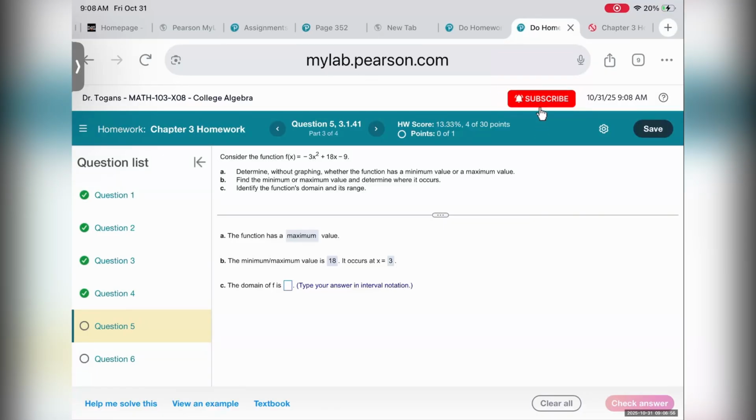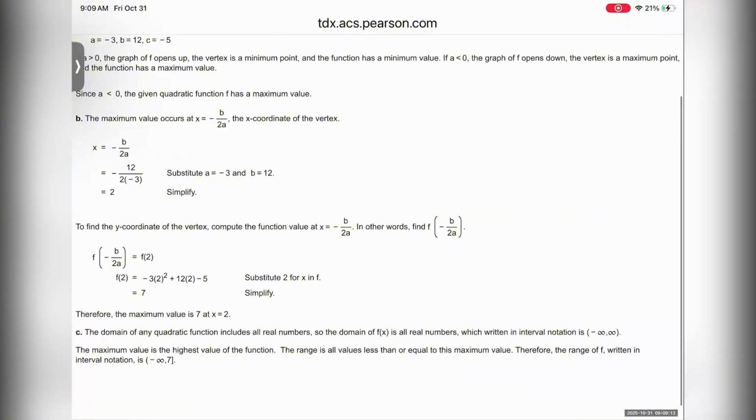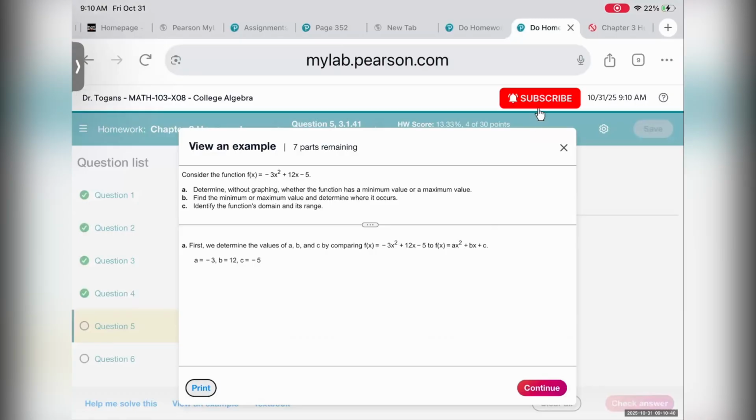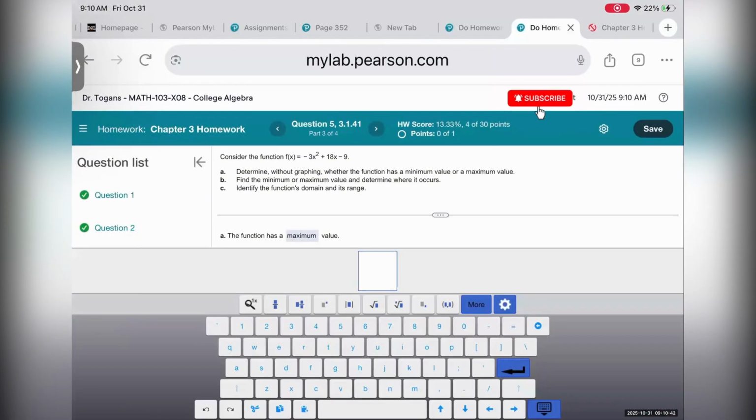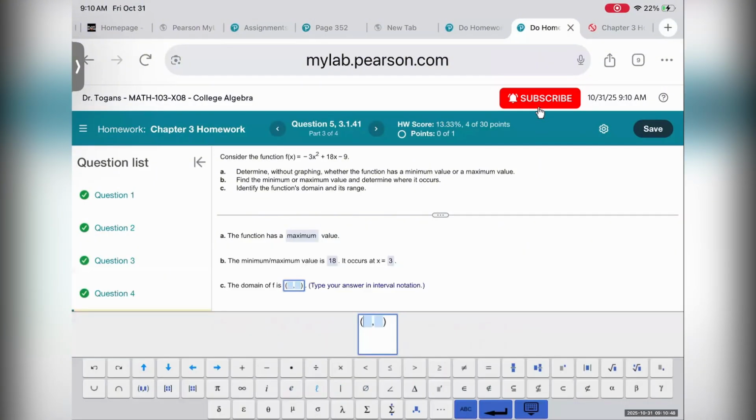The domain? Yeah. Okay, so let me put your example up there again and then go to the domain. Actually, almost all functions are going to be all real numbers except for the square root function and the rational function. So the parent function, I'm going to delete this.